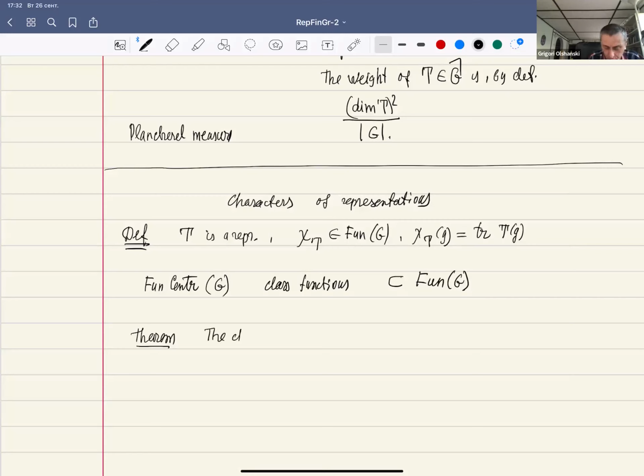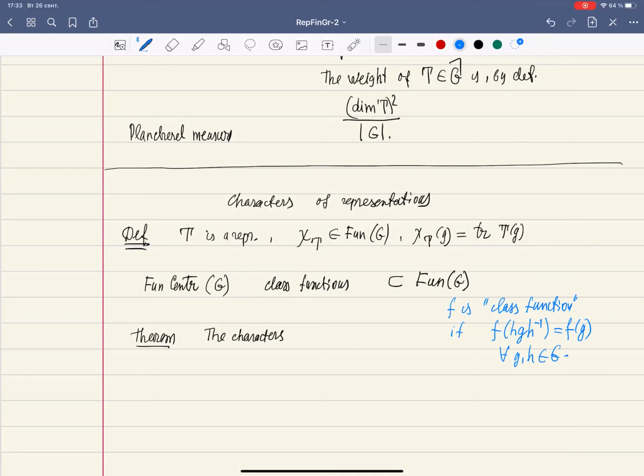Sorry, again, what's the definition of the class functions? The definition: f is a class function if f(hgh^-1) = f(g) for all h, g in G, which means that the function is constant on any conjugacy class. Okay?